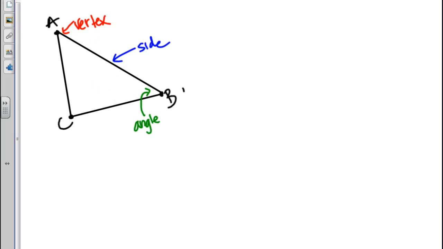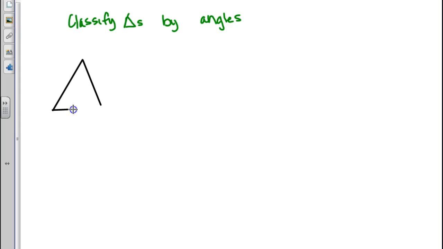All right, so let's talk about classifying by angles first. First, let's talk about an acute triangle. An acute triangle is a triangle where all of the angles are less than 90 degrees.